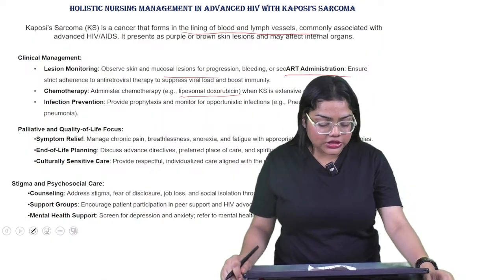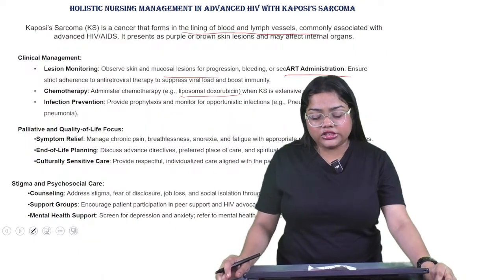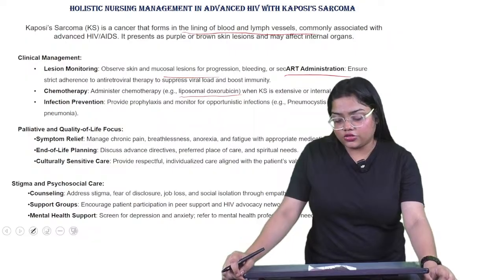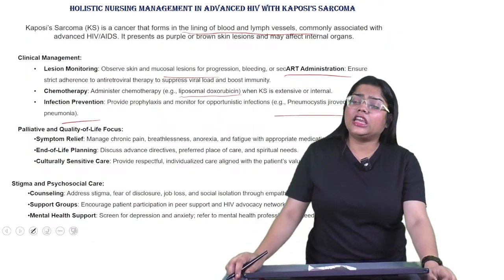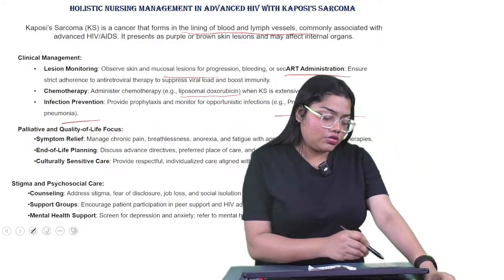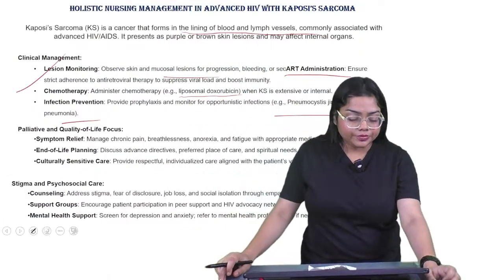Then infection prevention: provide prophylaxis and monitor for opportunistic infections, in the sense of pneumocystis pneumonia. It will worsen the condition of the patient. Now this is about the clinical management.